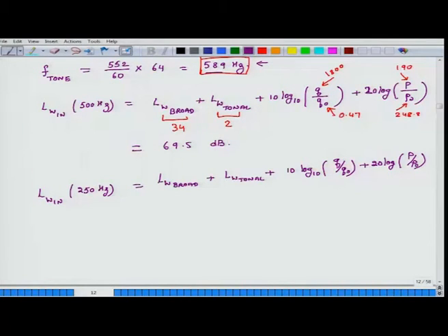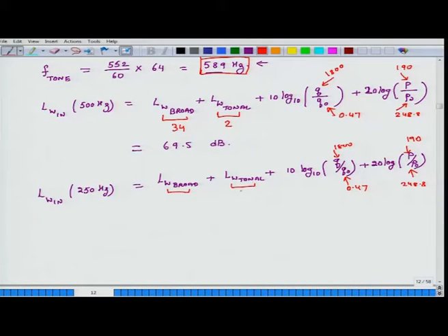Does Q change? Q does not change, it remains at 1800. Ditto for P, ditto for Q naught, ditto for P naught. These numbers don't change. What about broadband? We have to see the table whether it is a different number or not. And what about tonal?